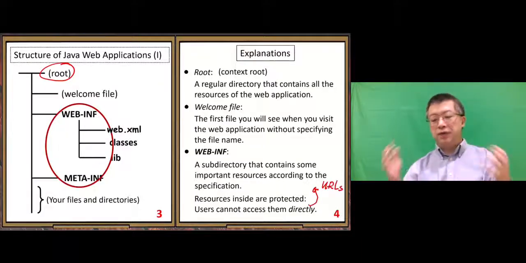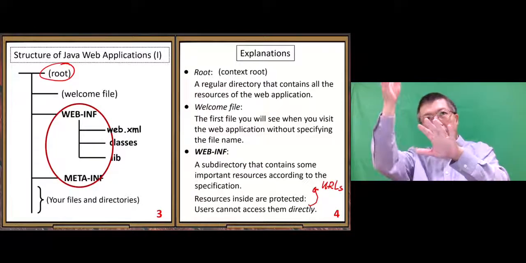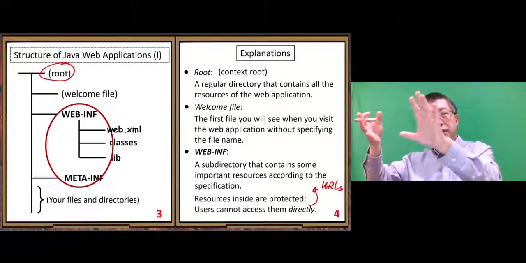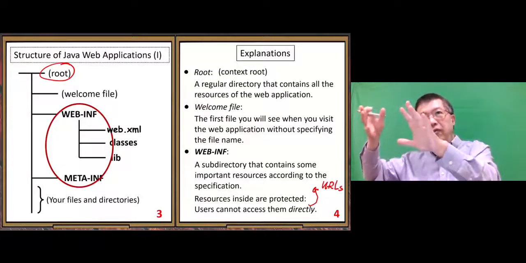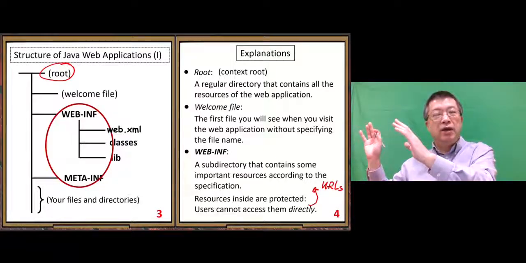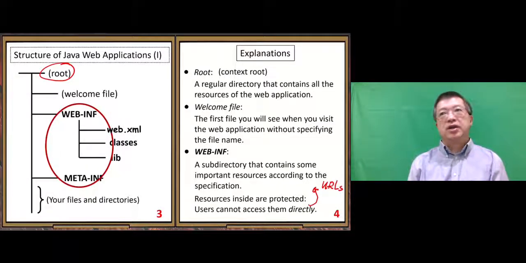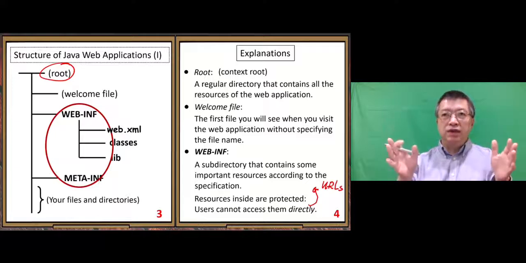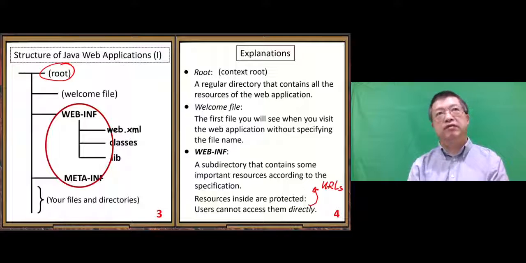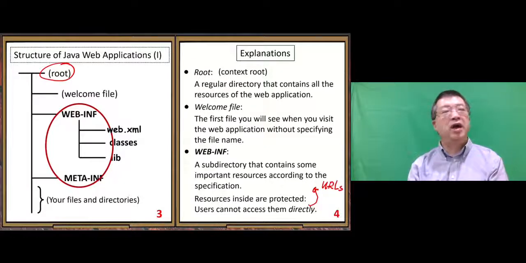So in a web browser, you type a URL: domain name, slash, context root name, slash, WEB-INF, slash, resource name. Then the server does not allow you to access it, because the resources inside this folder are supposed to be very important, at a very high protection level, so outside people cannot access them directly.